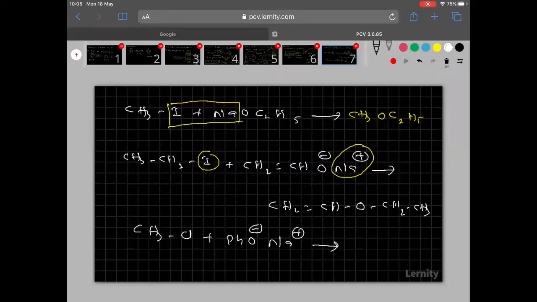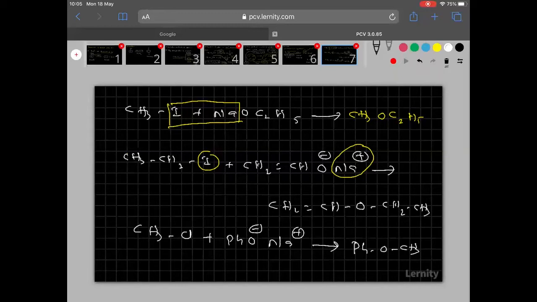I hope you are doing this one. CH3Cl reacting with PhO⁻ Na⁺. So here what you will do? Remove the Na⁺. When you remove the Na⁺, then what you will get here? PhOCH3.